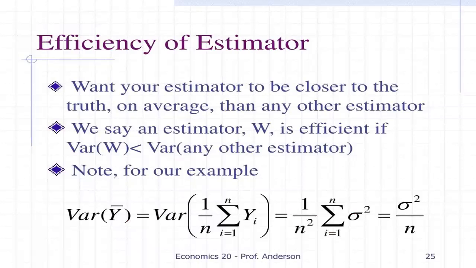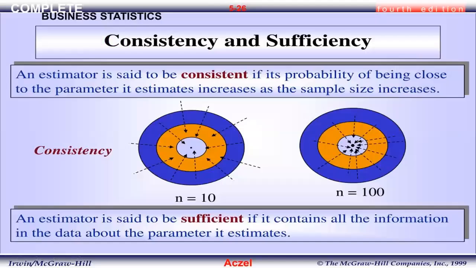Efficiency of an estimator we can see with the help of variance, and the variance formula we already know: it is equal to 1 over n square into the sum of sigma square, which is equal to sigma square over n. If we compare consistency and sufficiency, though we have not yet discussed sufficiency: an estimator is said to be consistent if its probability of being close to the parameter increases as the sample size increases.